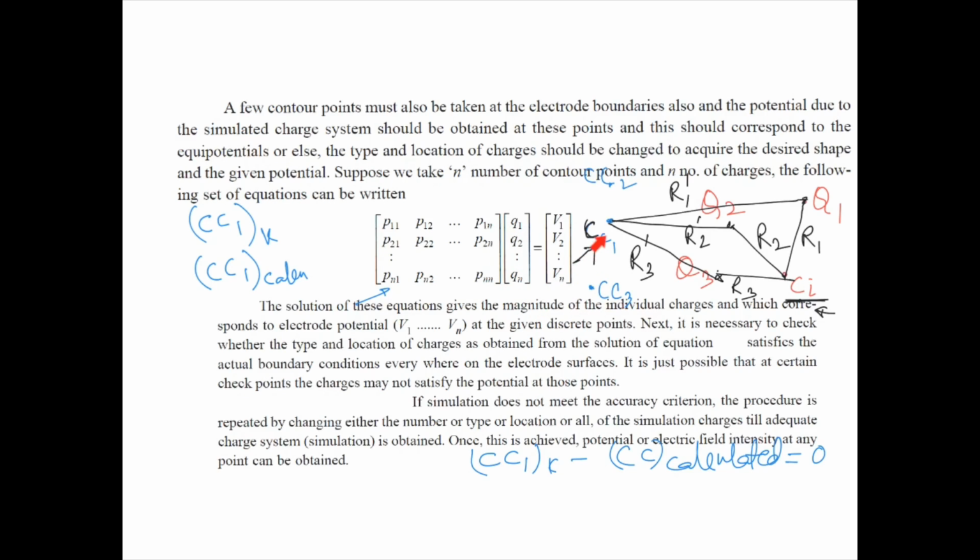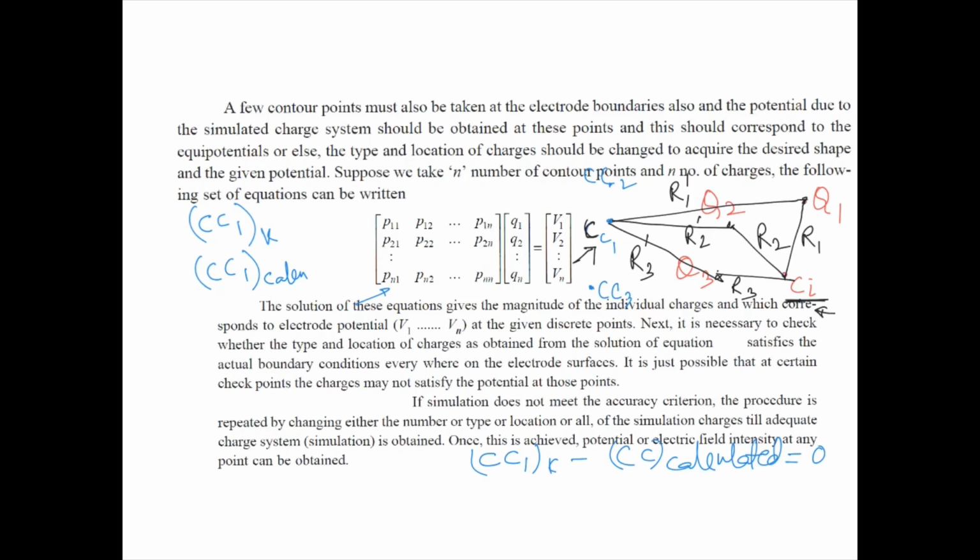Then again we will locate three points Cc1, Cc2 and Cc3, and again we will calculate the values of Cc1, Cc2 and Cc3 from the known values of Q1, Q2, Q3 and the new potential coefficients, and again we will use this expression.